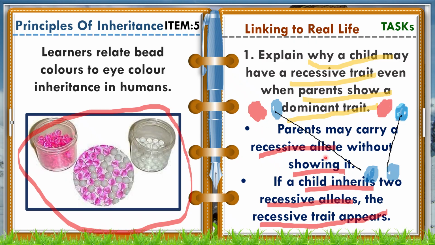Now, if this blue and this blue allele are both inherited by the child, then the recessive trait will appear, because both recessive alleles are in the genotype of the offspring. Therefore, the trait will be blue eyes.